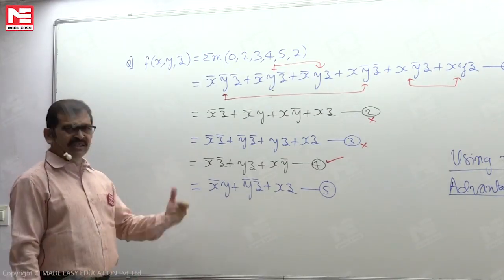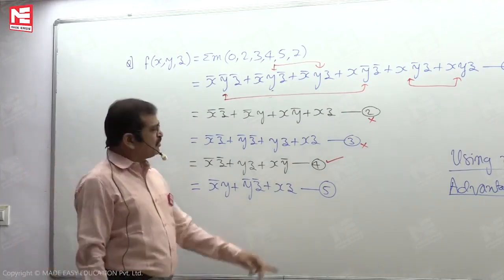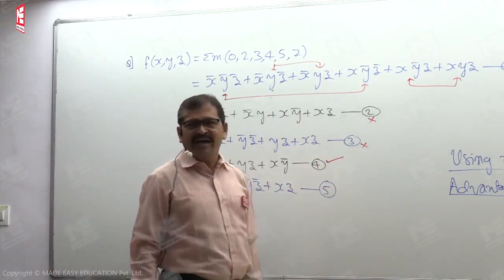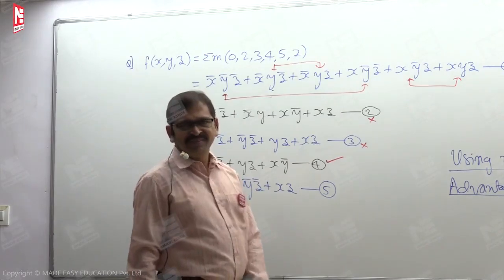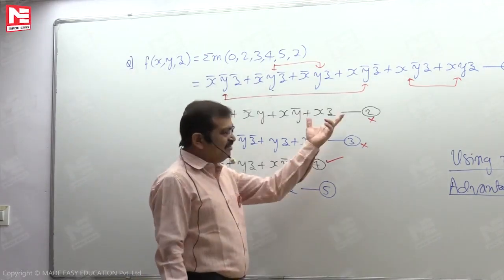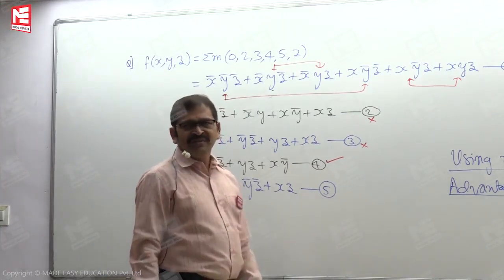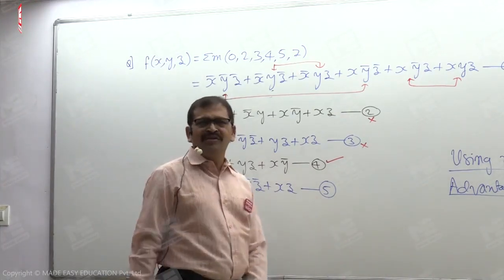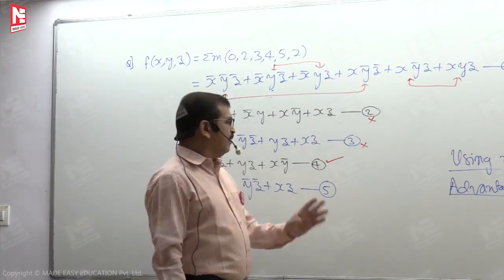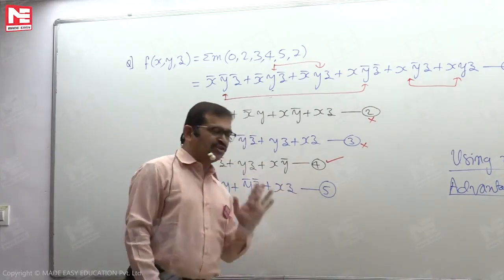But of course, with all this understanding, we know that equation 2 or equation 3 is not the minimal expression. They are not the minimal expression. So it is a difficulty. We do not have a guarantee of reaching the minimal expressions. If by chance we reach equation 4 or 5, it's well and good.